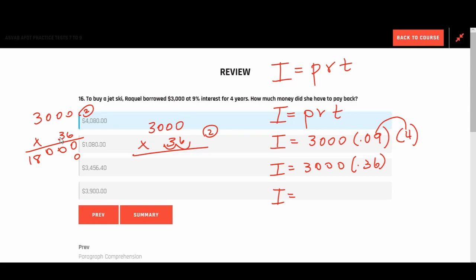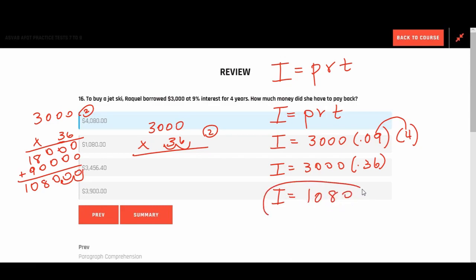Add a 0 since we're starting this number. 3 times 0 is 0, 3 times 0 is 0, 3 times 0 is 0, 3 times 3 is 9. Let's add. 0 plus 0 is 0, 0 plus 0 is 0, 0 plus 0 is 0. 8 plus 0 is 8. 9 plus 1 is 10. Add our 2 decimals back in, 1, 2. So we can see the interest is going to be 1,080.